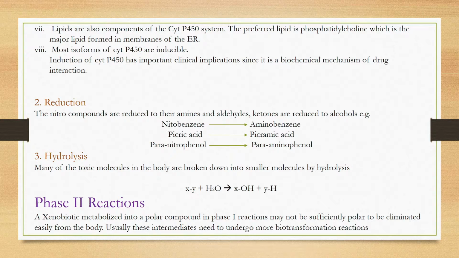Now, suppose a patient is taking an anticoagulant like warfarin to prevent blood clotting, and this drug is metabolized by cytochrome P2C9, a type of isoform of cytochrome P450.